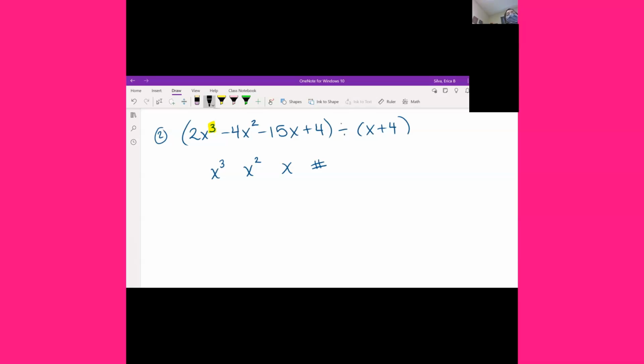And now if we have x plus 4, what is x going to equal? Remember, it's always its opposite, -4. So that -4 is what we put in this little house here. And now we write down the coefficients. What's the coefficient of x to the third? 2.